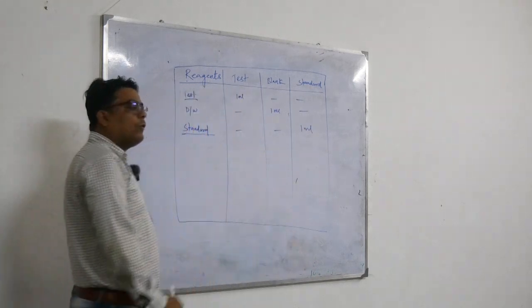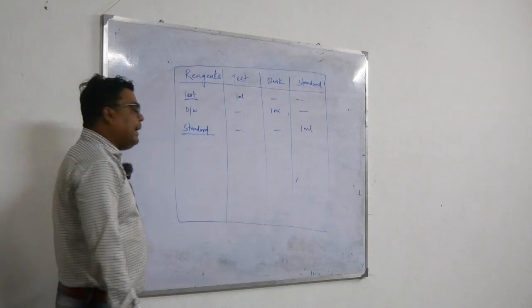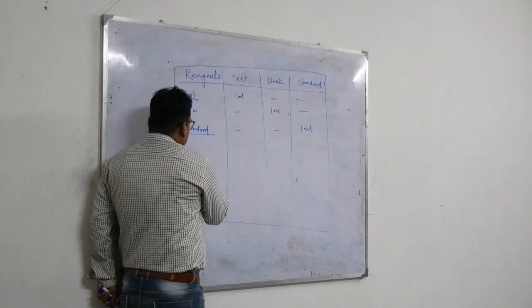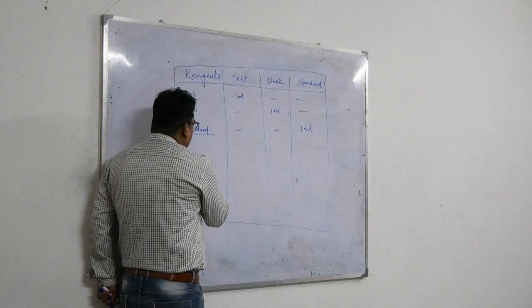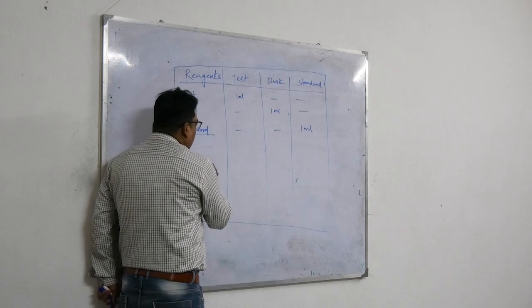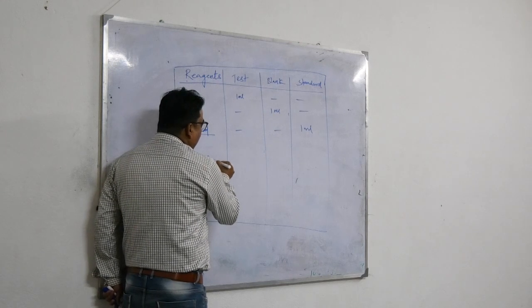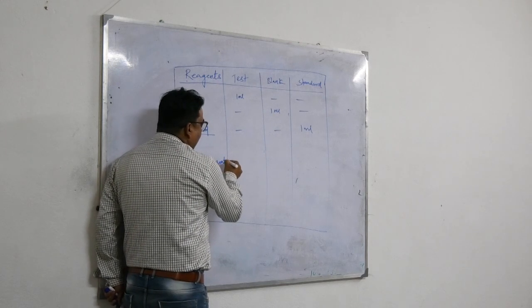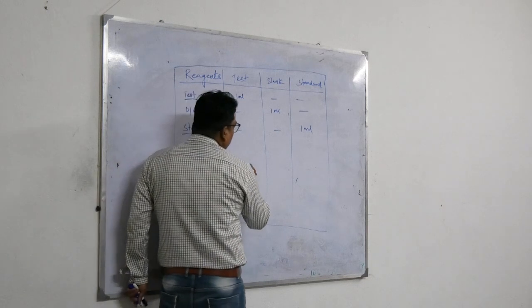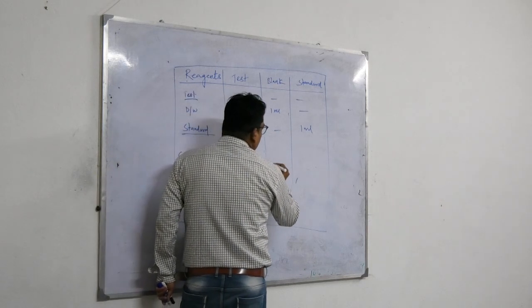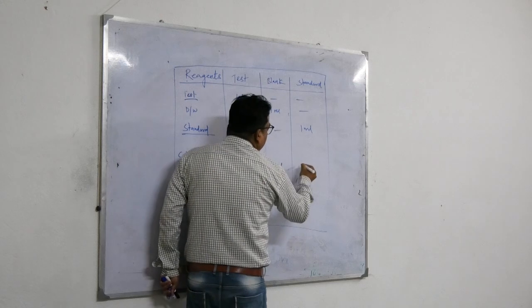One ml. Okay. Now we add our coloring reagent. We divide the reagents here. The first one is coloring reagent, which is 2 ml in each test tube.